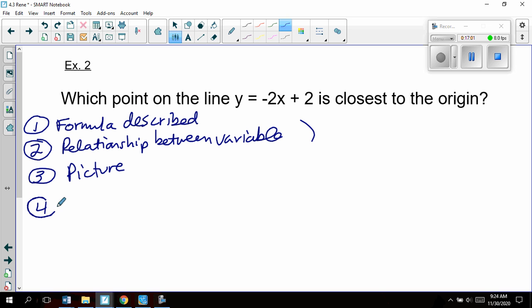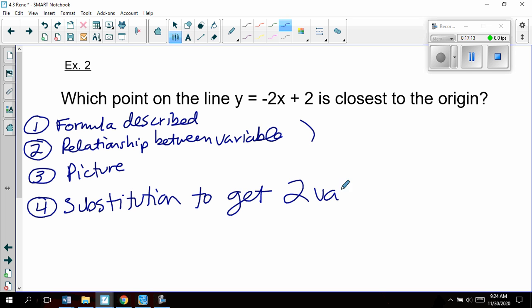Once you get that stuff down on paper, then your next step is to do some type of substitution to get 2 variables only. And so when I say 2 variables, it's going to be in terms of only one. So, you know, area equals base times height.